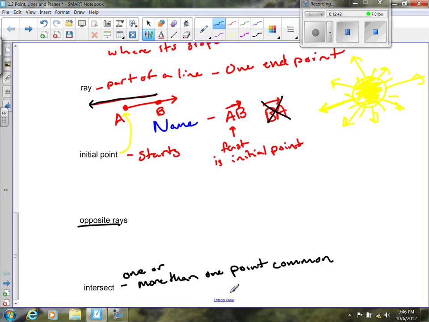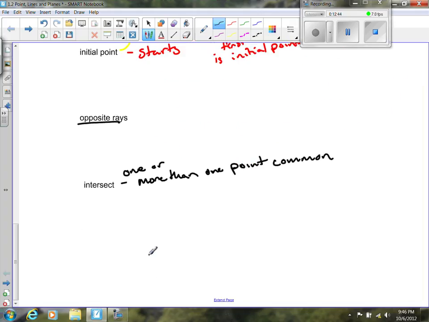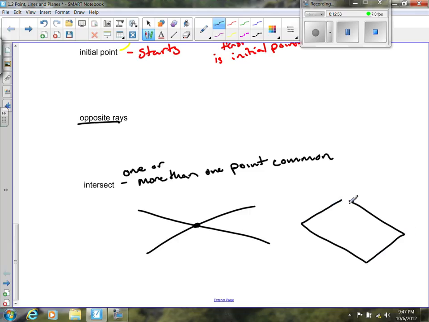Okay, and that one, it's kind of common sense, I hope, but these lines intersect, they have one point in common. You could also have a plane. Remember, we draw a plane with a rectangle, intersecting a line. And where it goes through the plane, I use a dotted line. Here, this line intersected the plane in one spot. And I could also draw a line in the plane that intersects in more than one spot.